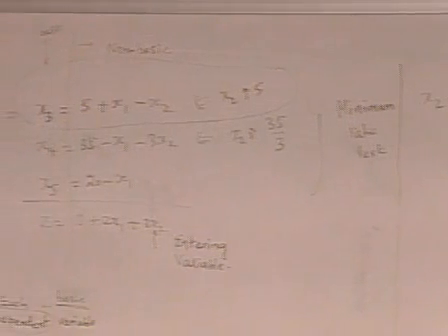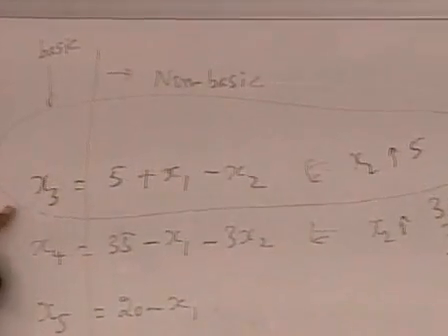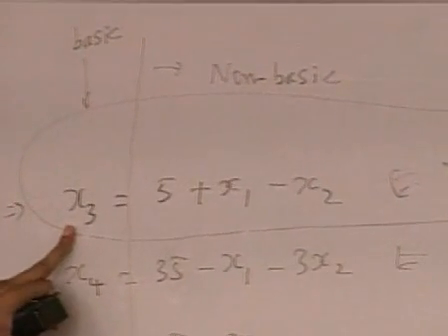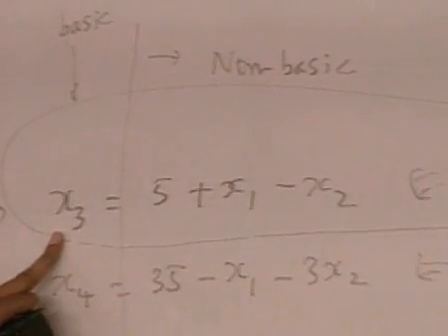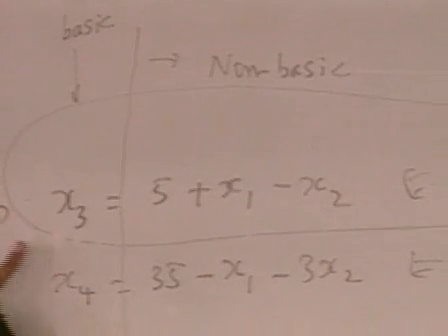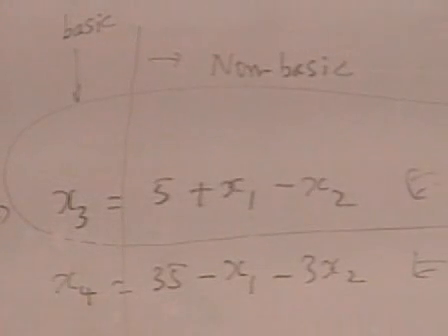Okay? So in this language, in a system of equations, every basic variable occurs exactly once with a coefficient of 1. And every basic variable occurs in a different equation. So you look at any equation, it'll have exactly one basic variable.